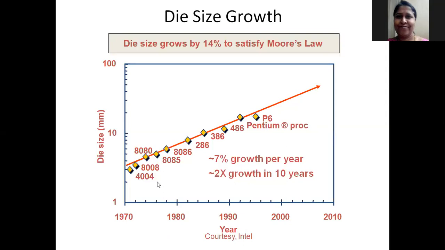It's almost a change of more than 10 times in a gap of years from 1970 to 2010. So die size grows by 14% to satisfy Moore's law.